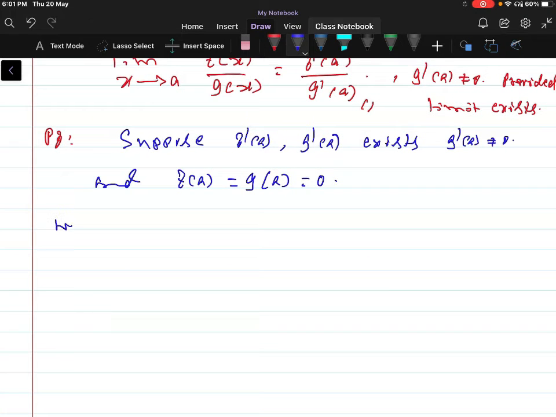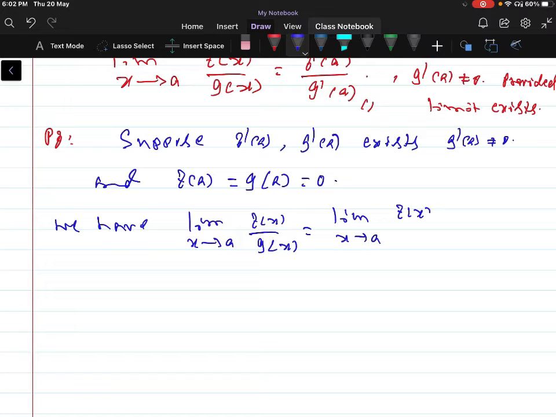So then we have limit as x approaches a, f of x by g of x can be written as limit as x approaches a, f of x minus f of a by g of x minus g of a, since f of a is 0 and g of a is 0 from the statement.